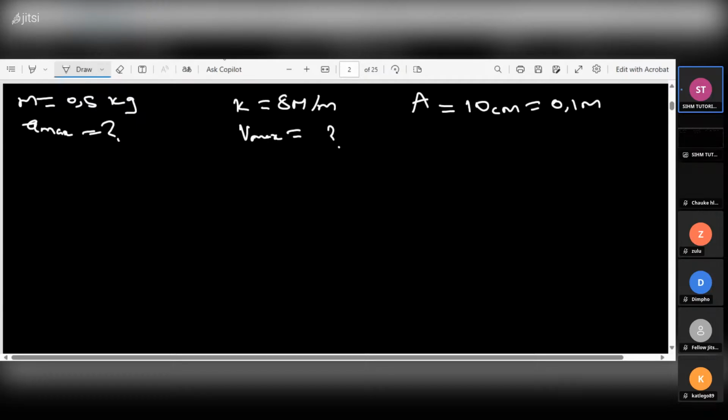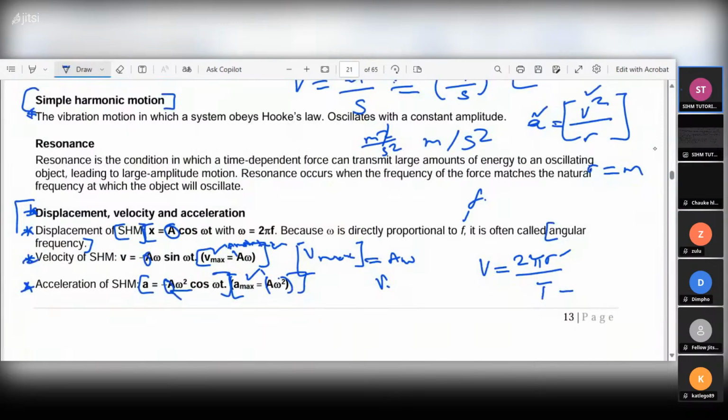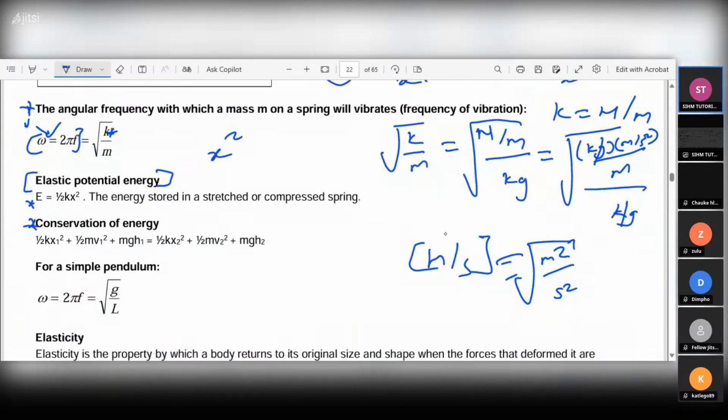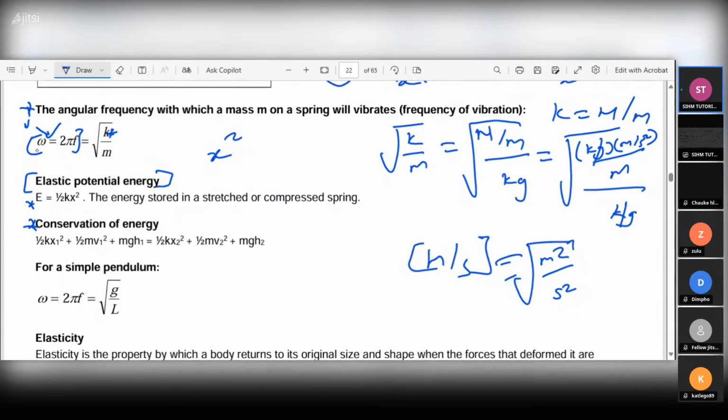Remember, let's go back and show you what you should know. This is the angular frequency with which a mass m on a spring will vibrate. So now you have the equation from this point.